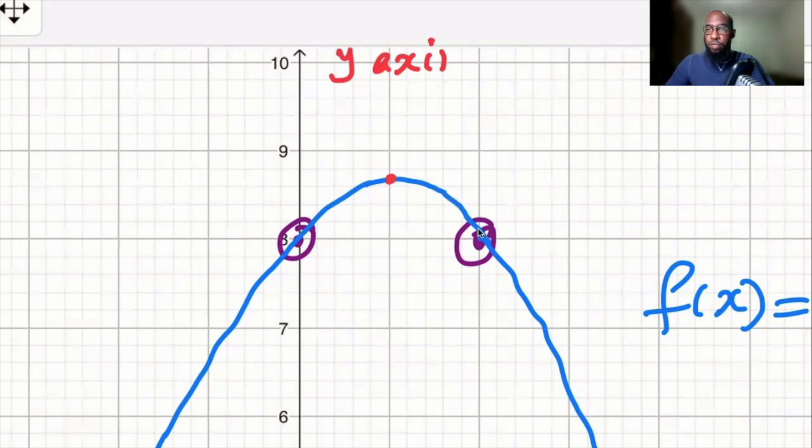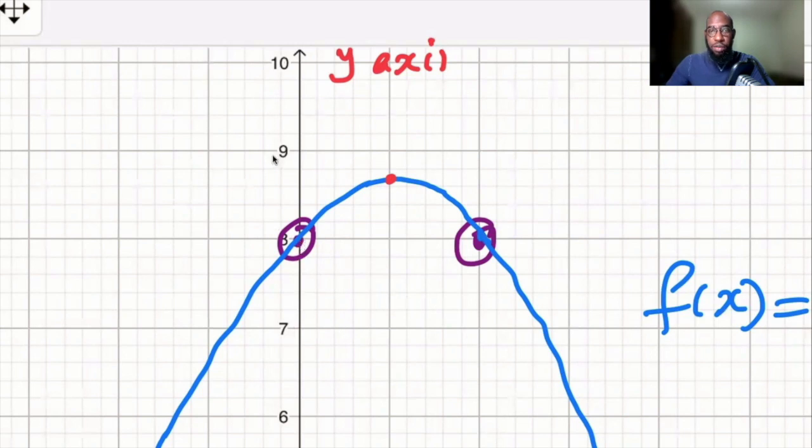So we have to read off the maximum point, and the maximum point consists of x and y. So we need a coordinate or an ordered pair. If we look at this, here is 7, here is 7.2, 7.4, 7.6, 7.8, 8.